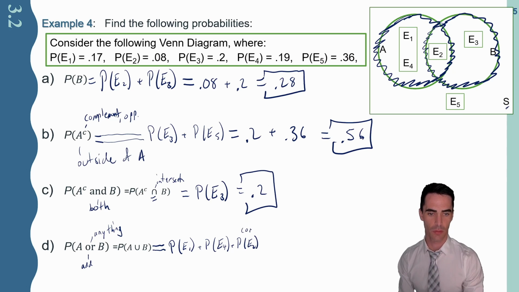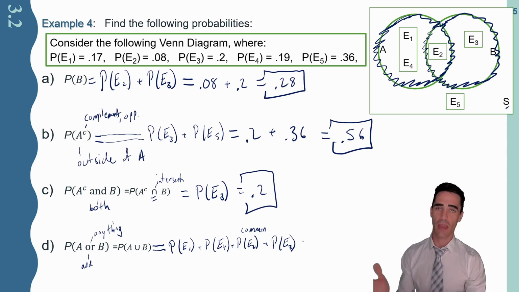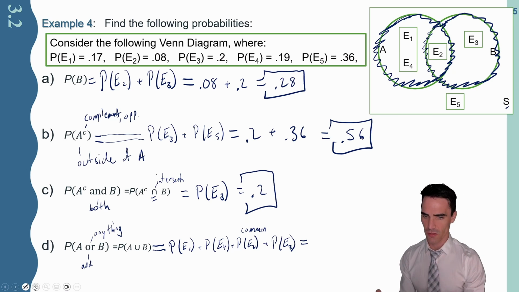That's what they have in common, and then plus the probability of E3. And you could add all these up. We could write all the probabilities, but this might take a little much. Let me also denote, mostly for posterity's sake here, that this is what's strictly in A, and over here, this is strictly in B. And then of course that E2 is what they have in common.